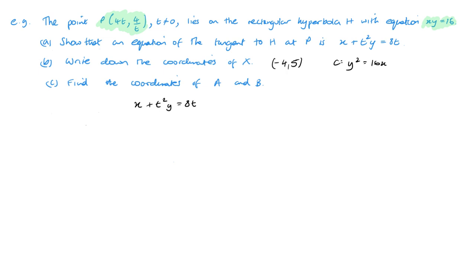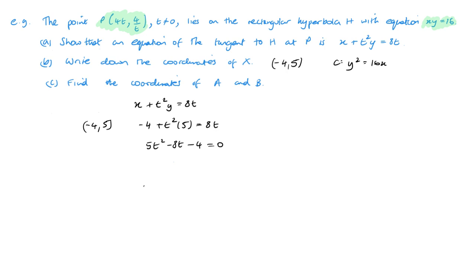And we're going to substitute in our coordinates of X. That should give me two values of t and therefore the coordinates of A and the coordinates of B. So minus 4 plus t squared times 5 equals 8t. So we've got 5t squared minus 8t minus 4 equals 0.